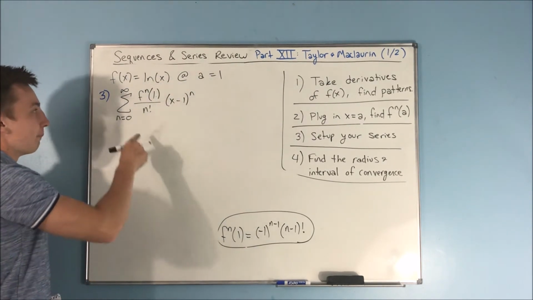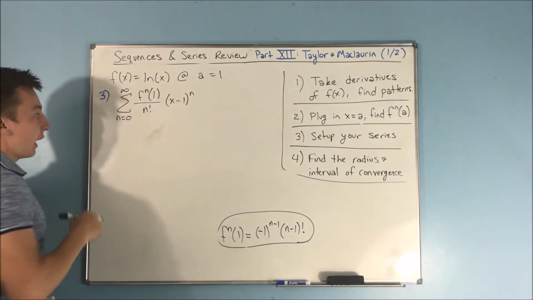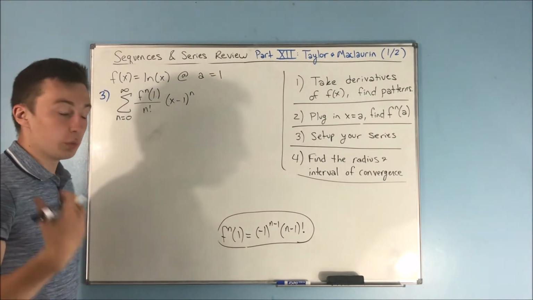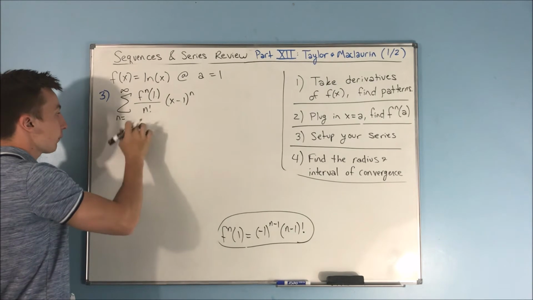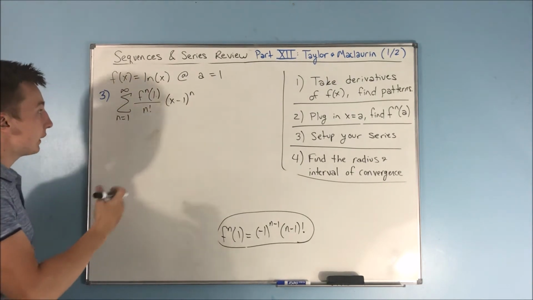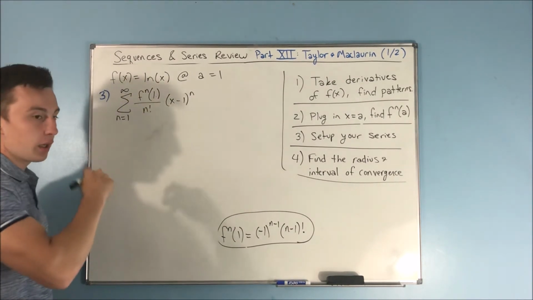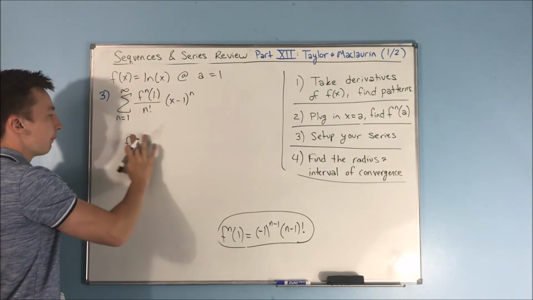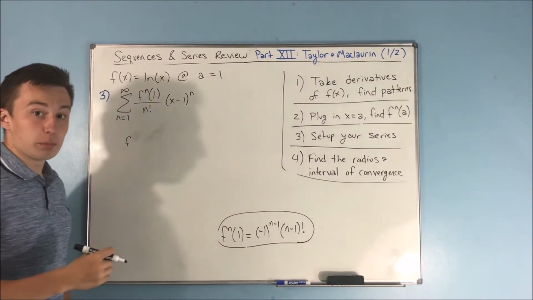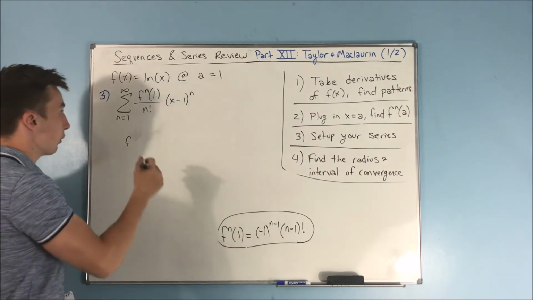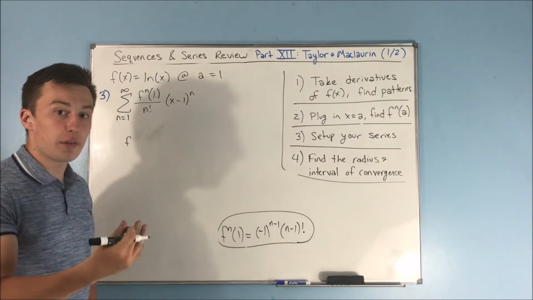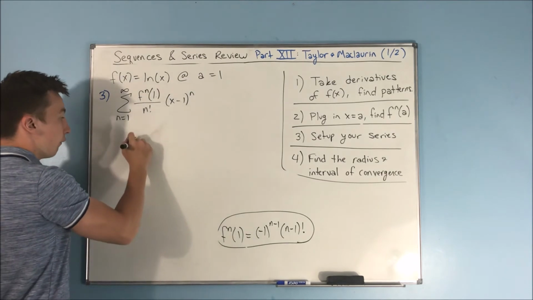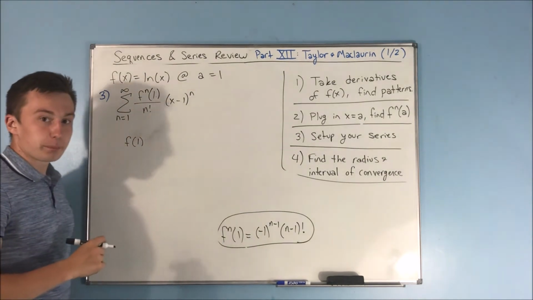Now remember what I said. We are going to want our n equal to 1 here and not 0. Why is that? Well, because you see here for our first term, our n is going to equal 0. So we're going to have the 0 derivative, which means we're not taking a derivative of 1, so it's just f of 1.